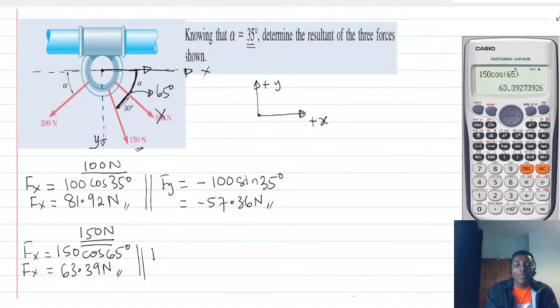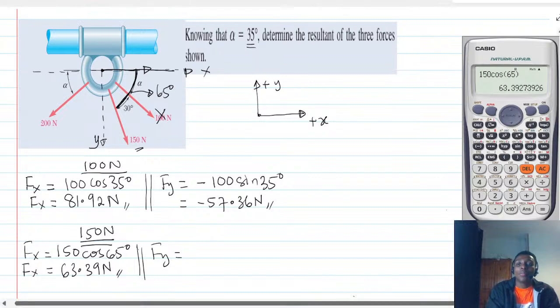Let's look at the y component. So the y component, let's go back to the diagram.